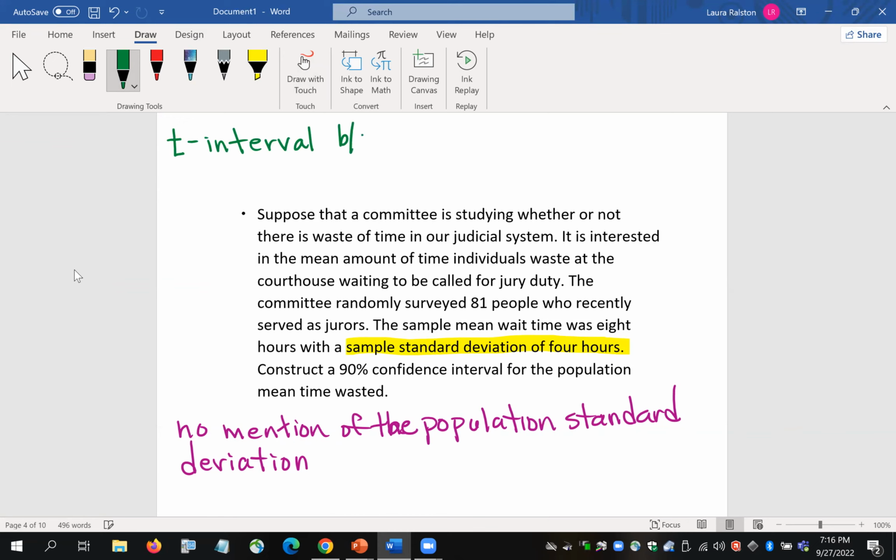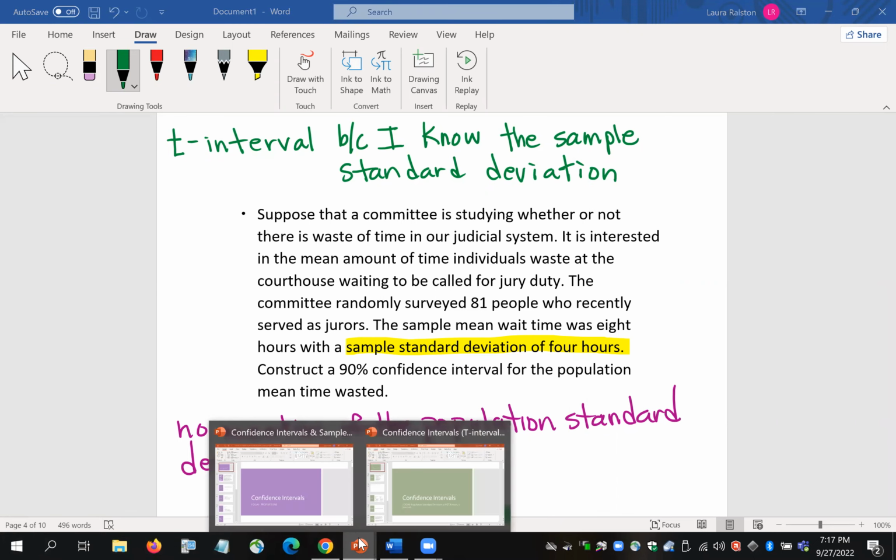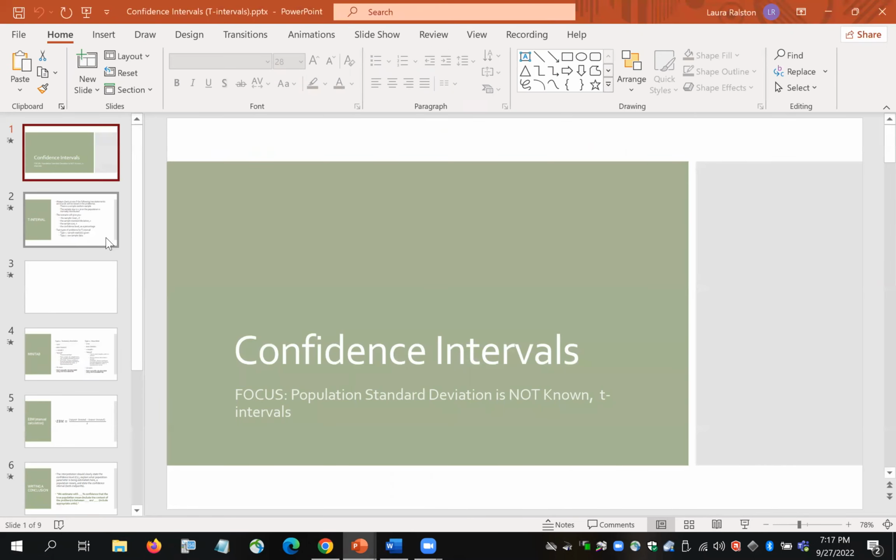We use the T interval because I know the sample standard deviation. Now, the process of calculating it, the process of finding the error-bound margin, and the manner in which the conclusion is written are all the same. What changes is the command in Minitab and some of the information you're given.